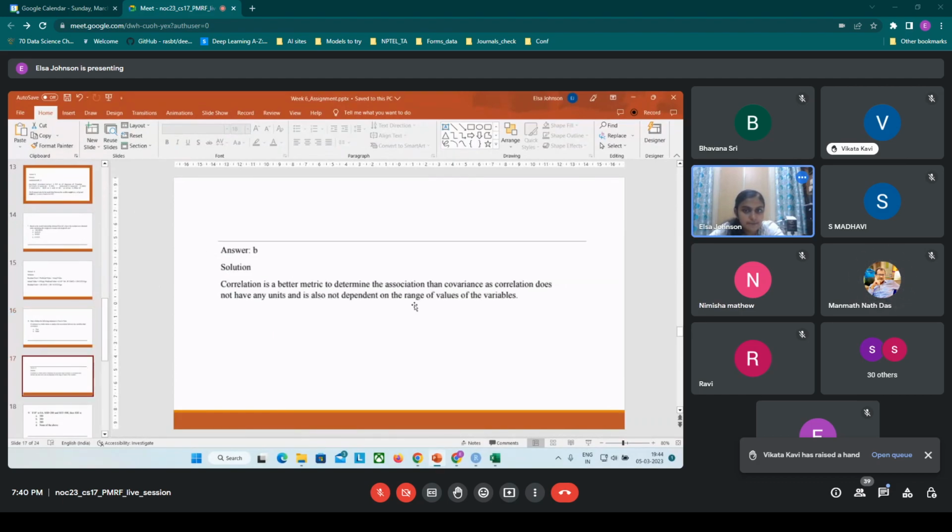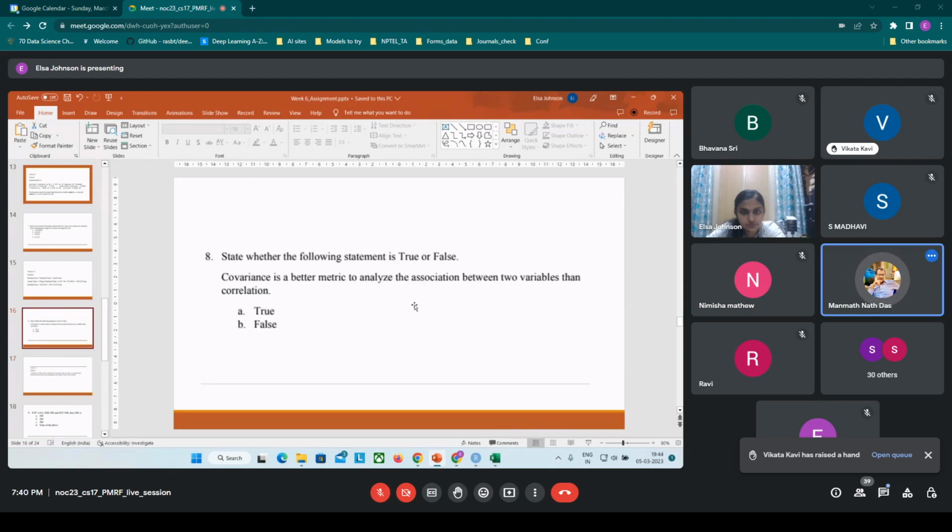You'll usually use this in many places. Excuse me, but I think the question should state clearly that it is a numerical value, which is not written. Then only correlation is the best answer. If it is a categorical value, then it will be a problem.